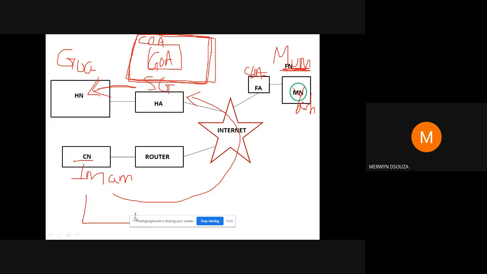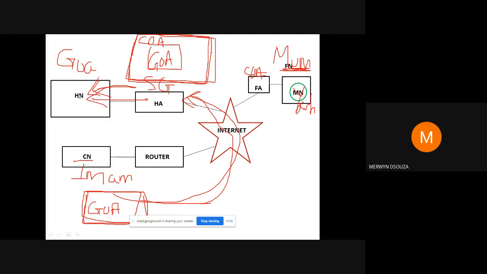Here, the original packet was sent with the address as Goa. This original packet, which was sent for Yash, will be delivered to the new address, because the home agent checks that MN is not present here.